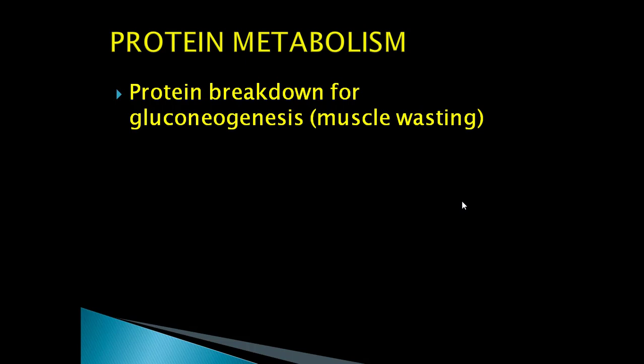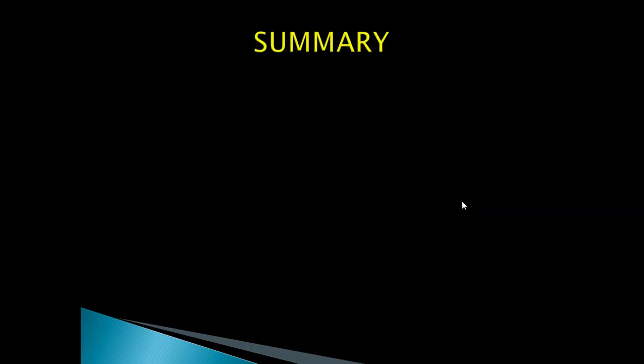So there is protein breakdown for gluconeogenesis, which ultimately leads to muscle wasting. So these are the various effects that are observed metabolically in a patient of diabetes mellitus.